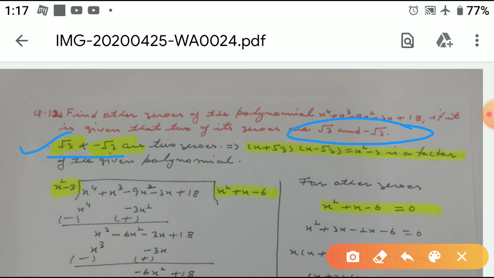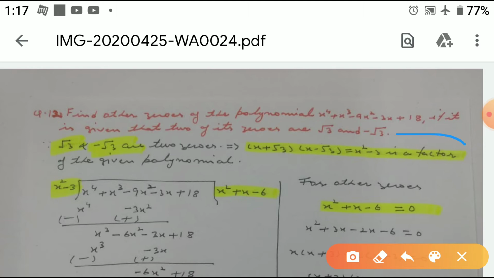When alpha and beta are two zeros of a given polynomial, then x - alpha and x - beta are factors. Here √3 and -√3 are two zeros, right? So (x + √3)(x - √3) is equal to x² - 3, which is a factor.